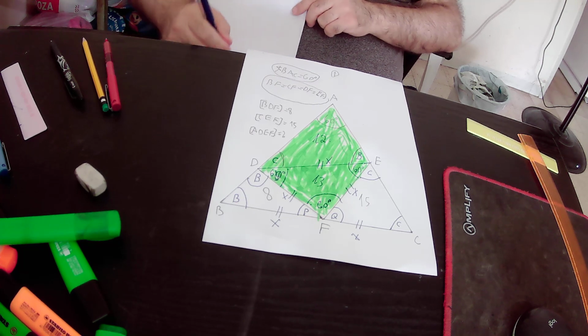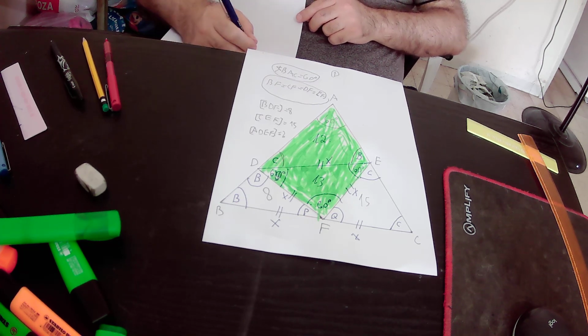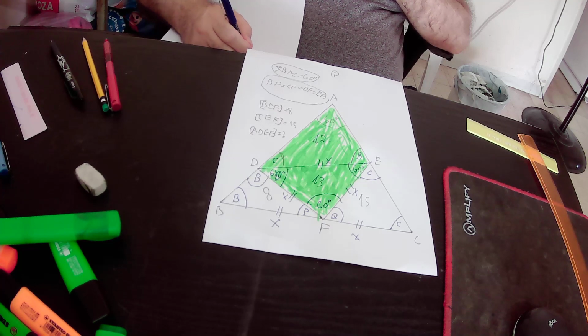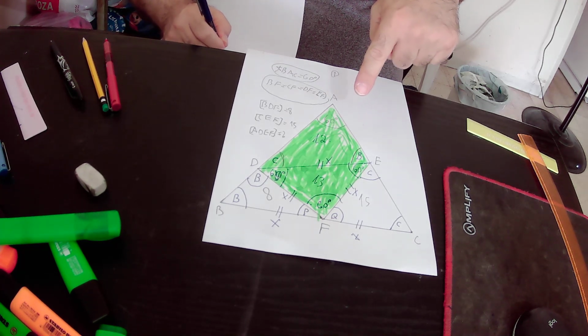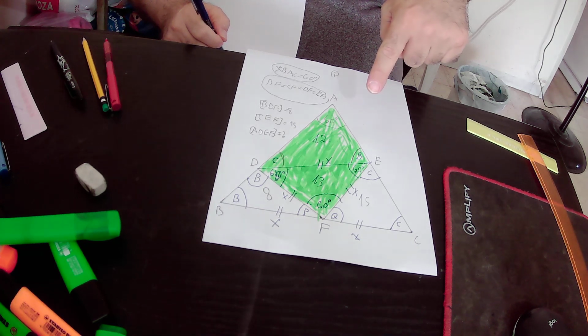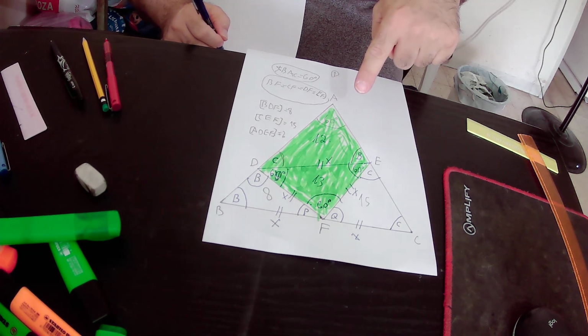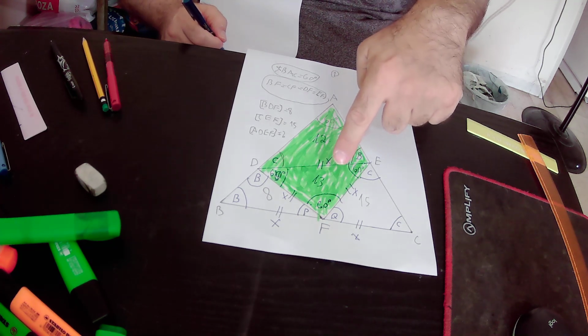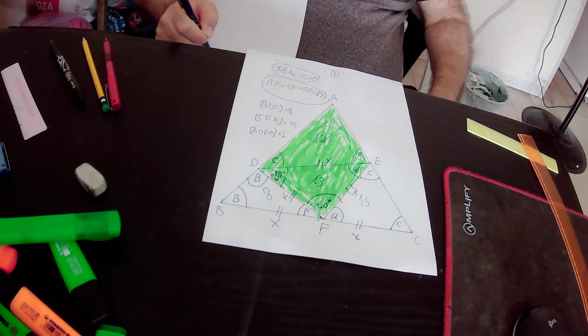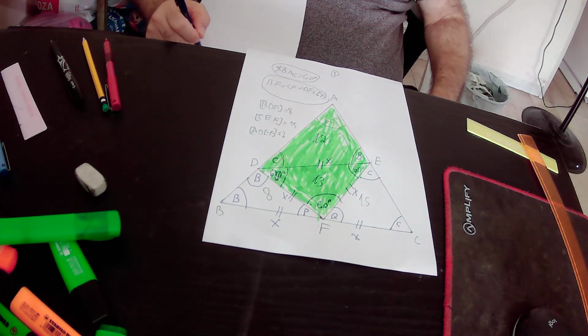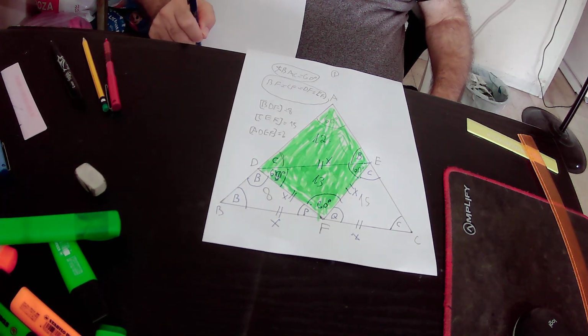Actually, the area of quadrilateral ADEC, that we called the green shape, equals the area of triangle ADE, that is 12 square units, and the area of the equilateral triangle EDC, that is 13 square units. So 12 plus 13 is 25 square units.